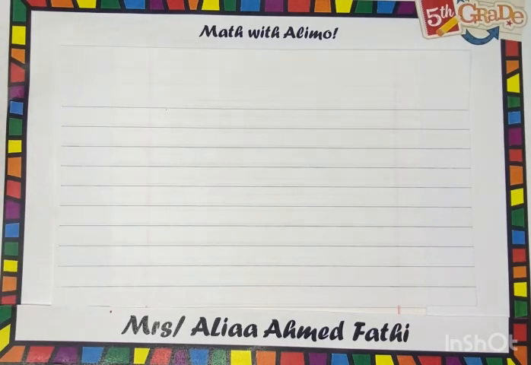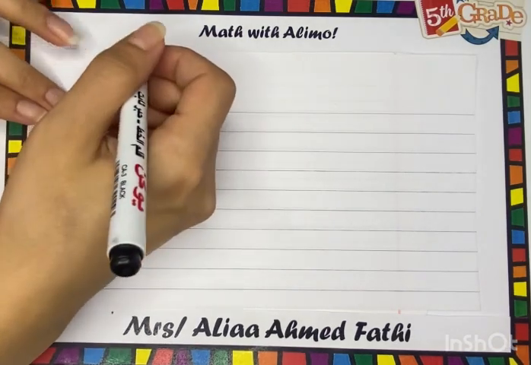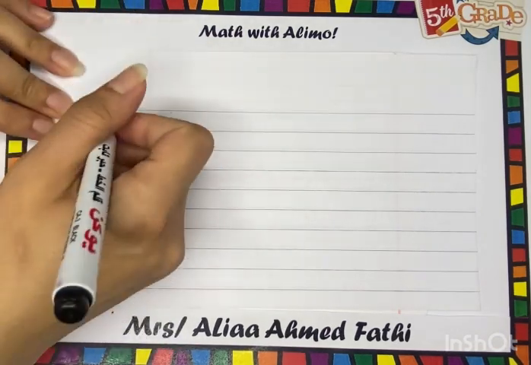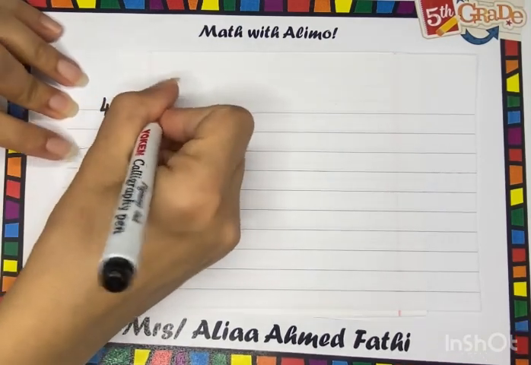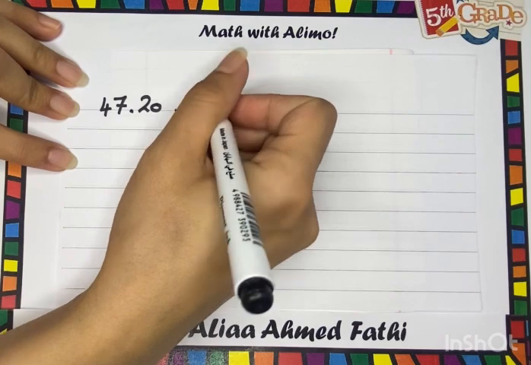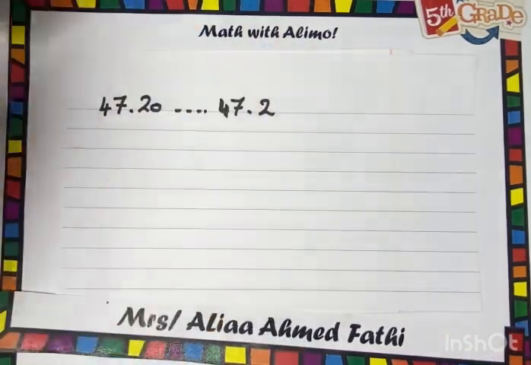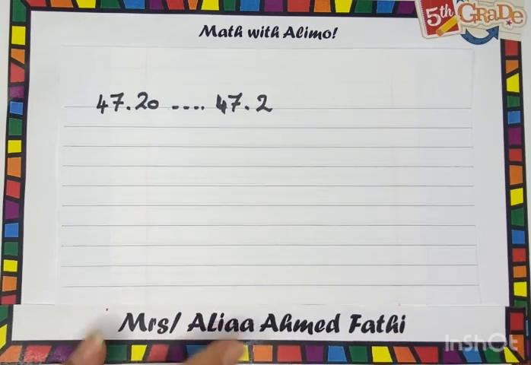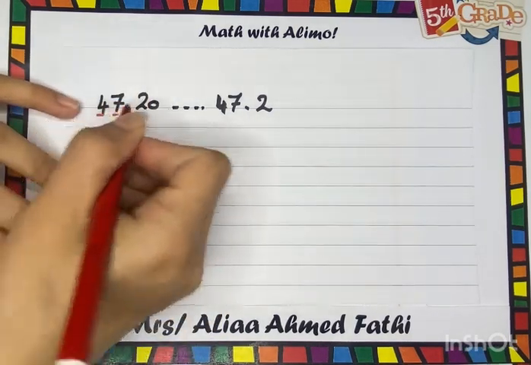Okay, another one. If I have 47.20 or 47.2, we can solve it by the 2 ways. The first way, balance.